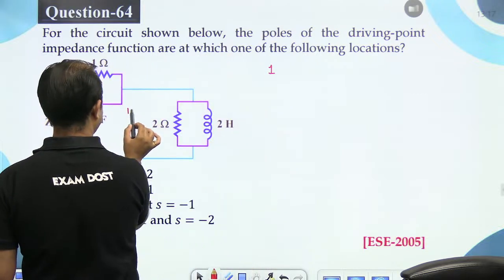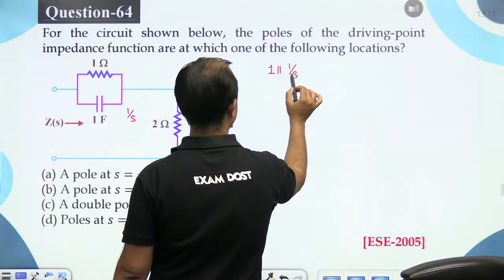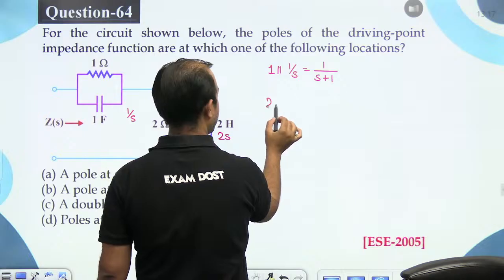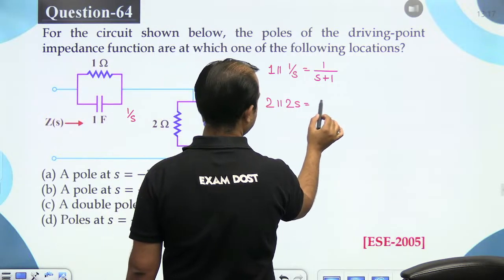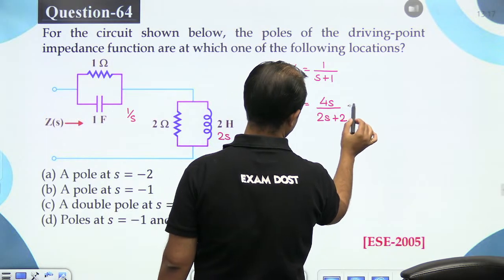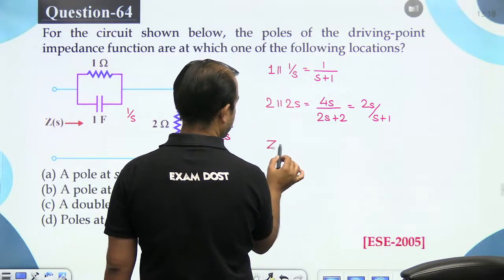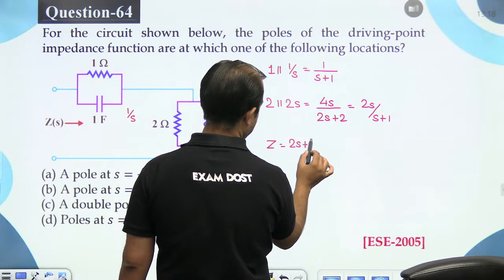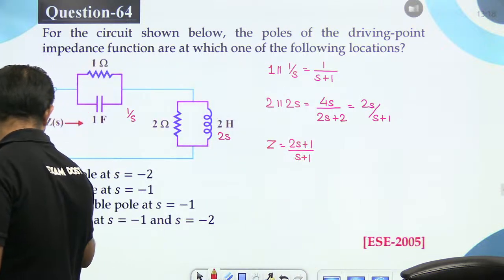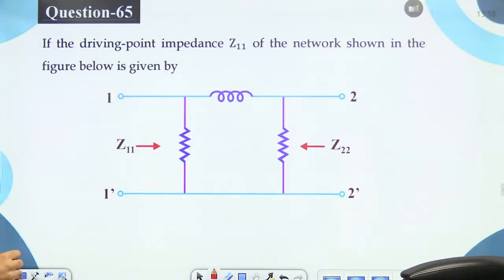So this will be 1 by S. This will be 2S. 1 parallel 1 by S. ये आएगा 2 parallel 2S. So pole at minus 1. Pole at minus 1.